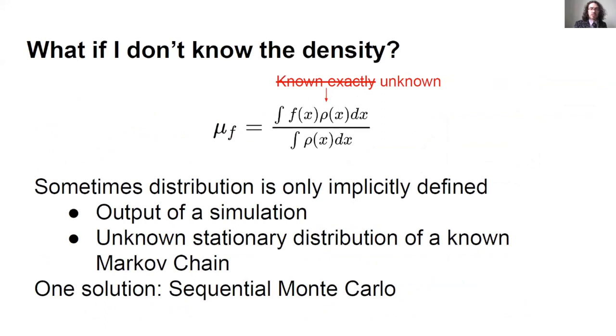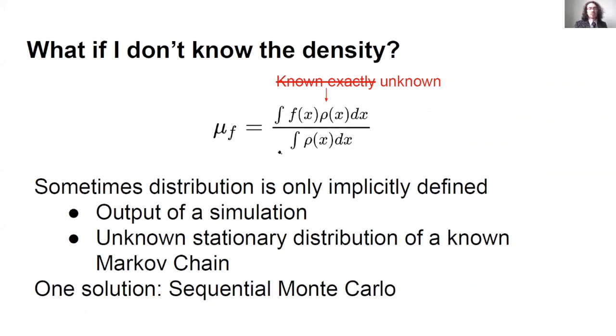One other thing, in the interest of time, I'm going to mention really quickly is what to do if you don't know the density. This is often the case in physical simulations, where the distribution is only implicitly defined as the output of a simulation, or as some unknown stationary distribution of a Markov chain that is handed to us.